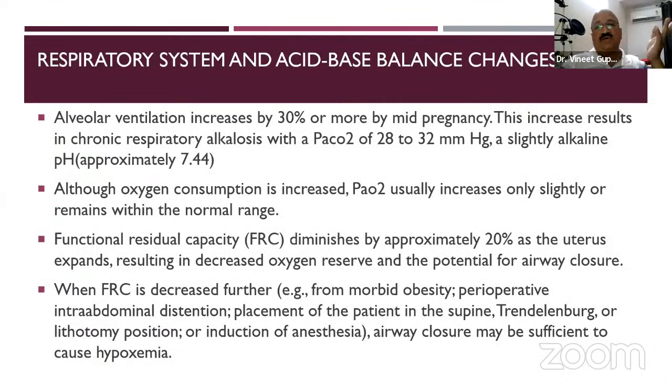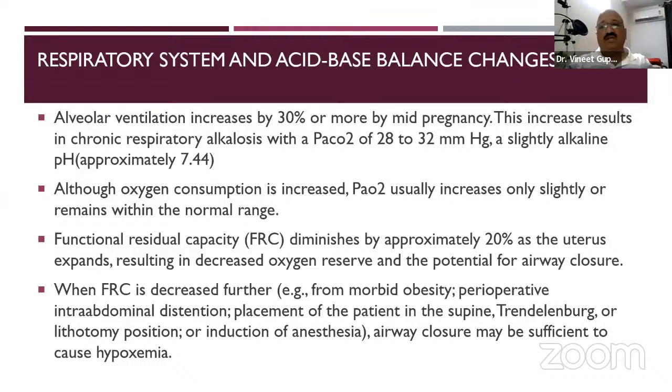Alveolar ventilation is increased by 30% and PaCO2 runs between 28 to 32, slightly alkaline, pH 7.44. Oxygen consumption is increased by a little bit. Functional residual capacity diminishes by approximately 20% as the uterus expands, resulting in decreased oxygen reserve and potential for airway closure.